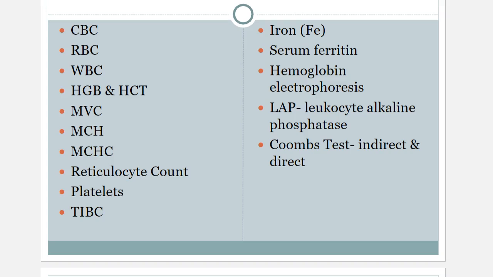And then the next one, I've already talked about ferritin level. So let's talk about hemoglobin electrophoresis. All this is the different types of hemoglobin in the blood.